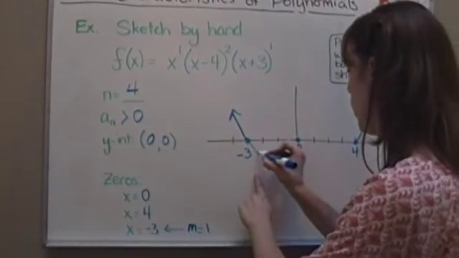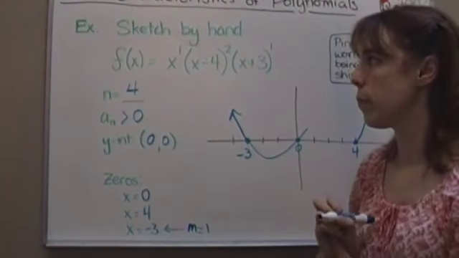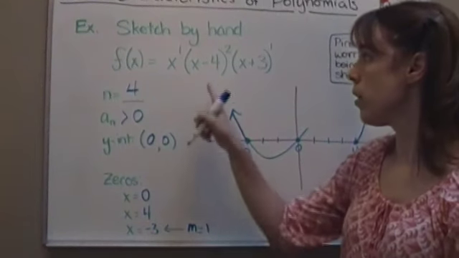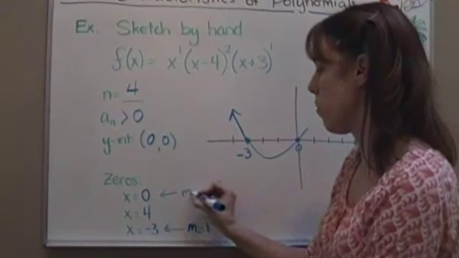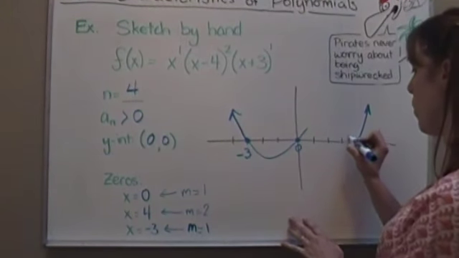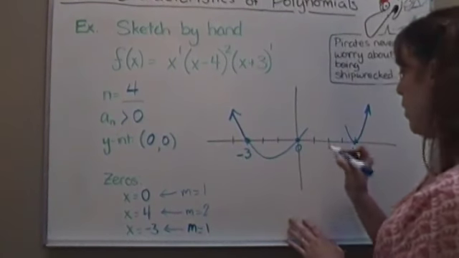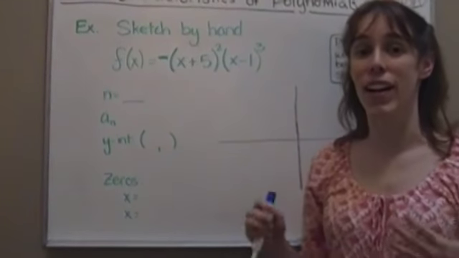I'm on this side, so I'm just going to have to come back straight through. At 4, my multiplicity is 2, so at 4, I want it to behave like a quadratic, and now I just have to connect up my graph.